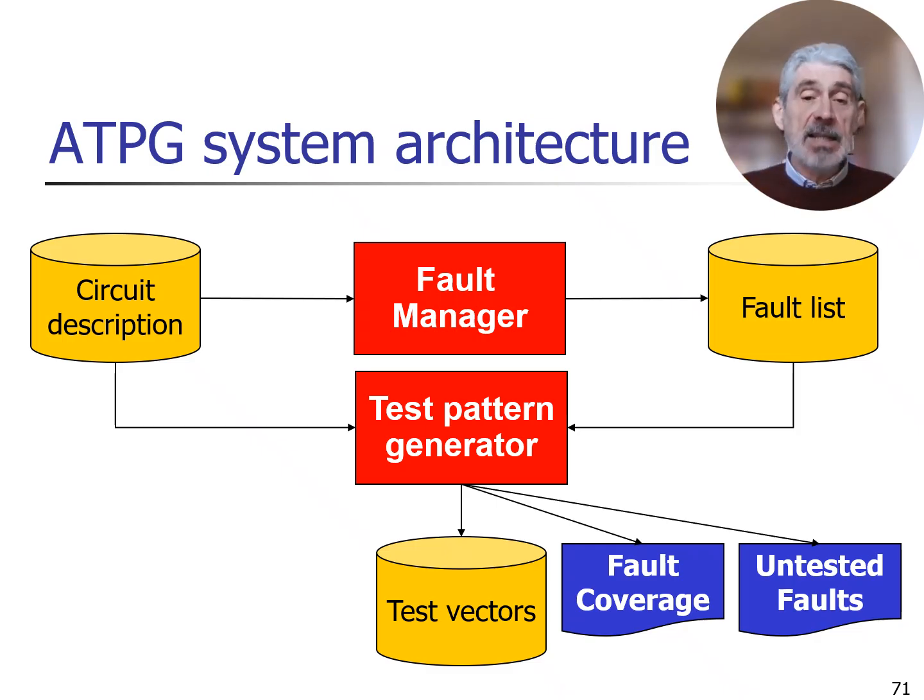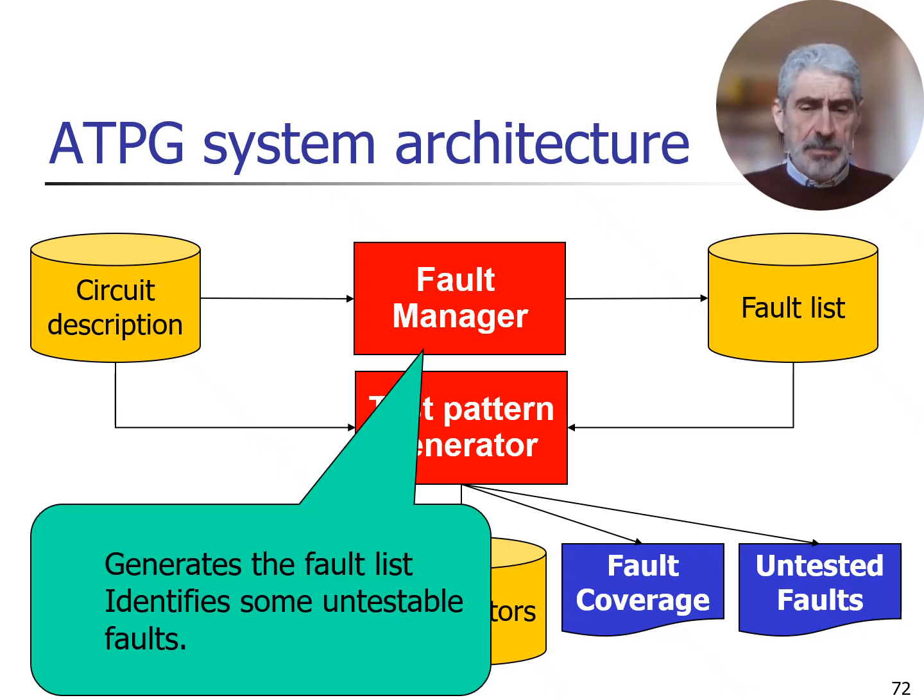The final result will be the set of test vectors covering all or most of the faults, plus some report. As I said, the fault manager is able to generate the fault list. In some cases, it may also identify some of the untestable faults, but untestable fault identification in the general case is not trivial.